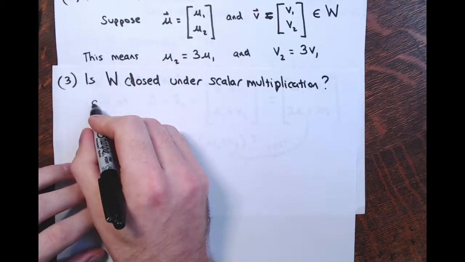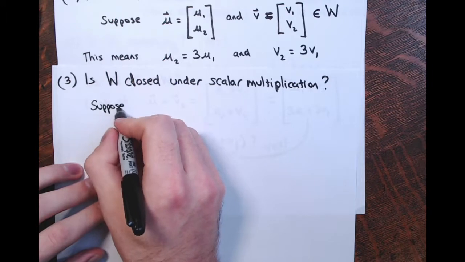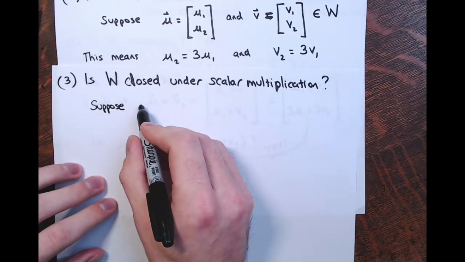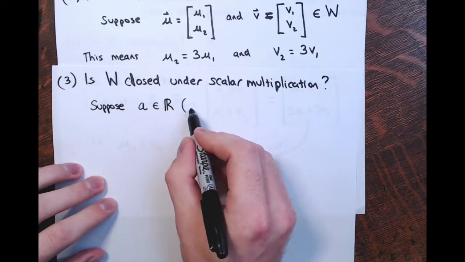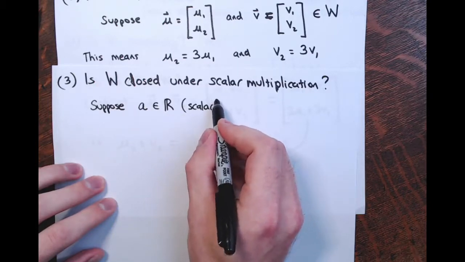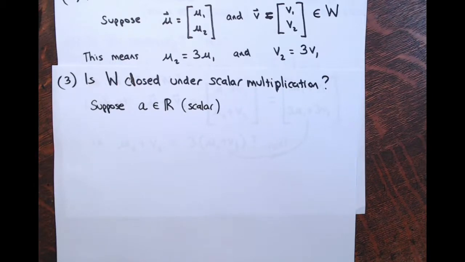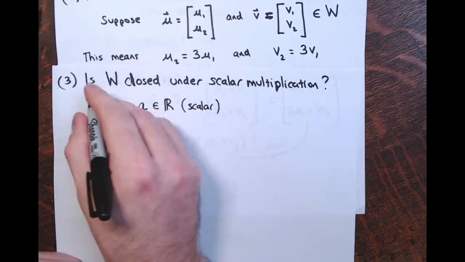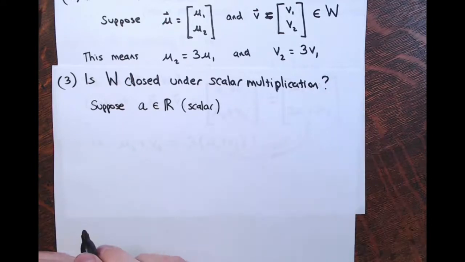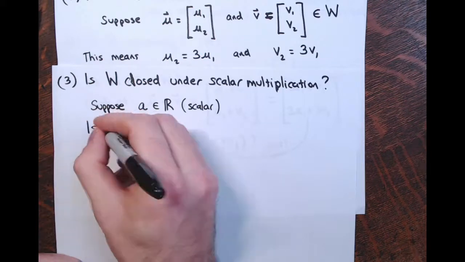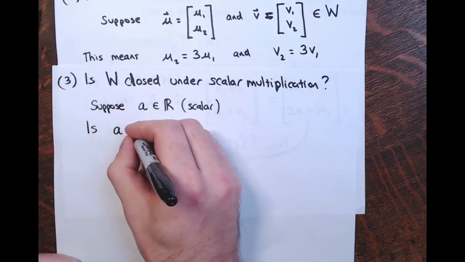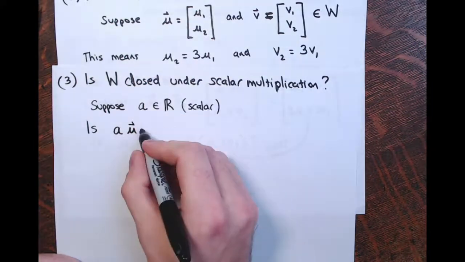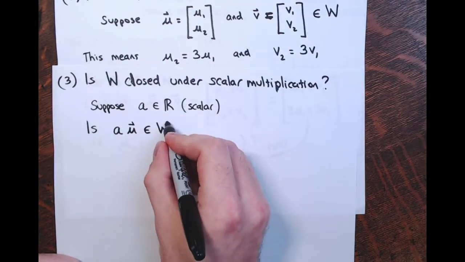Now also suppose that we have any scalar. Suppose the little a here is a real number, a scalar. Asking whether W is closed under scalar multiplication is the same as asking, is any scalar a times any vector u in W also a vector in W?